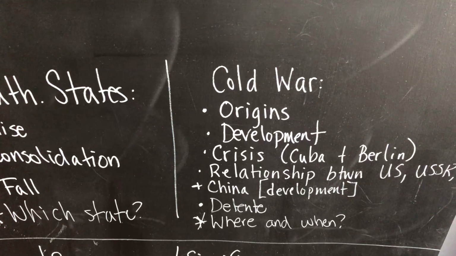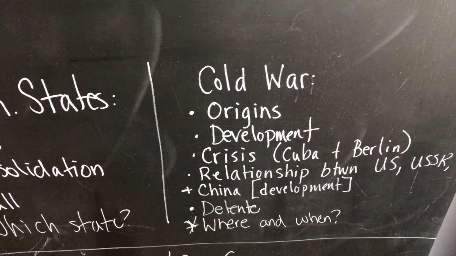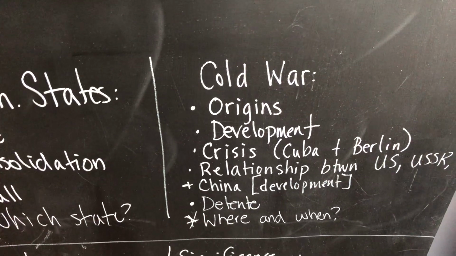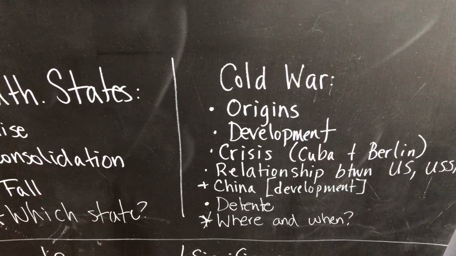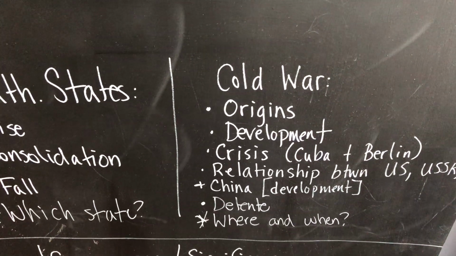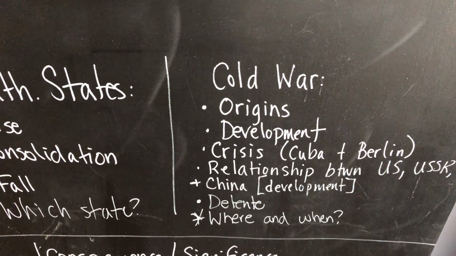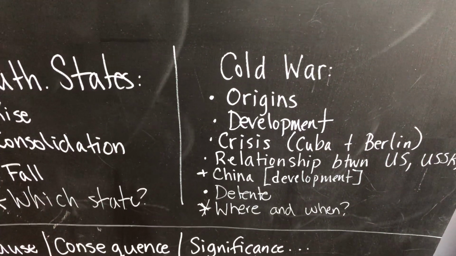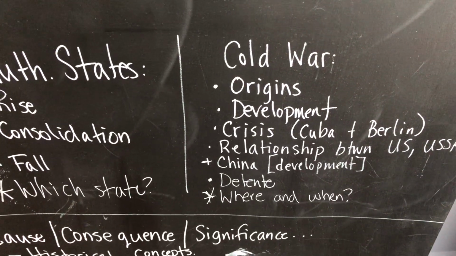Some bullet points from the curriculum with Cold War, I know we haven't looked at this yet, is the origin of the Cold War. That's anywhere from World War II to about 1950, incorporating even the beginning of the first Berlin crisis. The development of the Cold War can be increasing tensions and decreasing tensions.